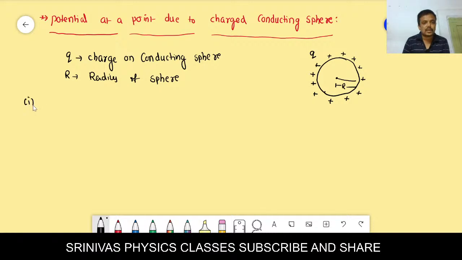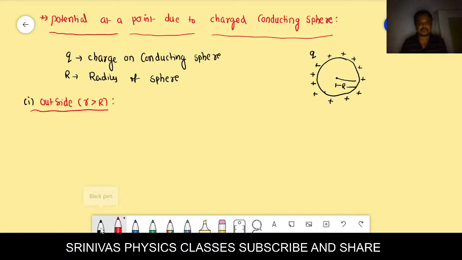First of all, I want the potential at outside of the conducting sphere. Outside means I want to find out the potential at a point whose distance is greater than the radius of the sphere.